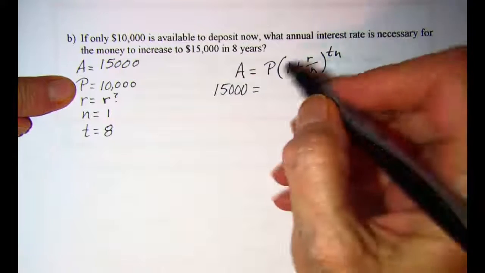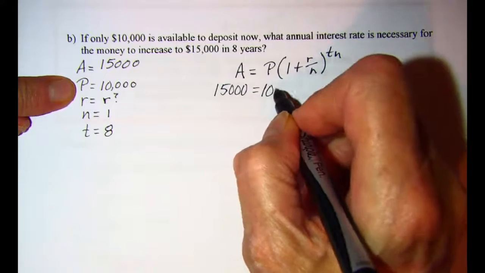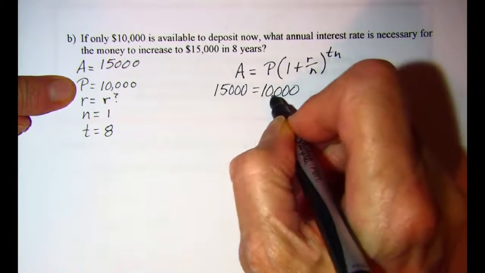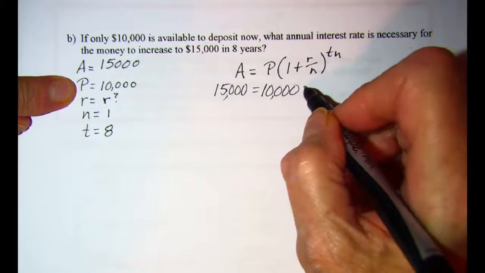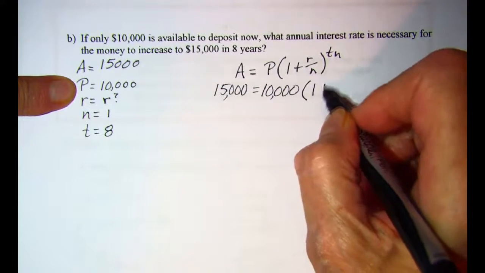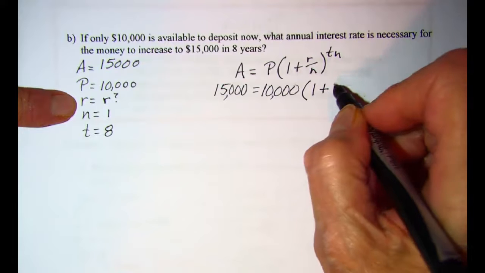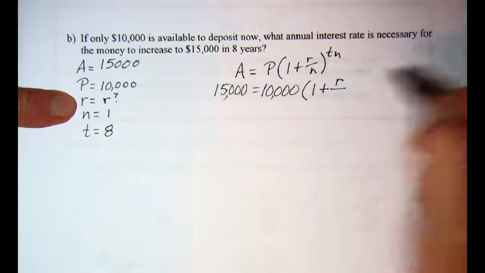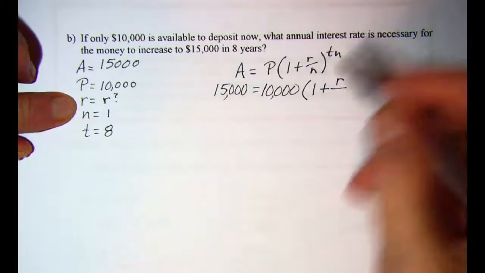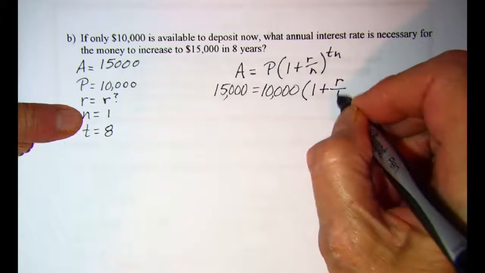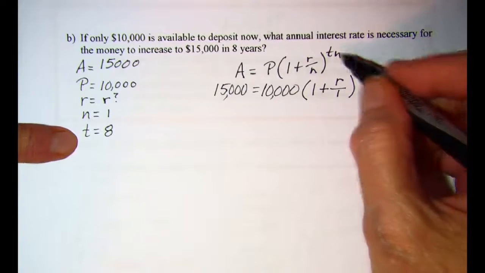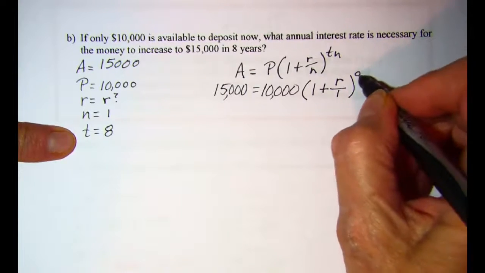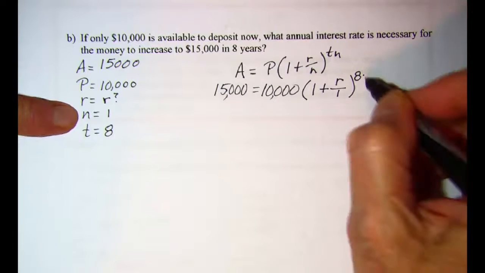My P is 10,000. I have 1 plus R is the variable that I don't know. N is 1. My T is 8. And my N is 1.